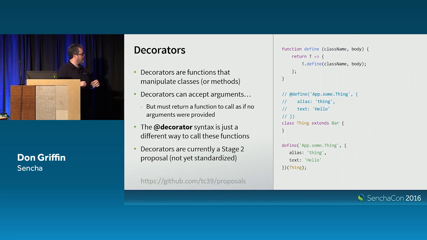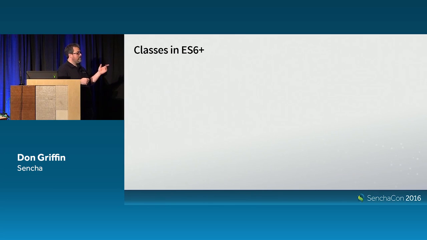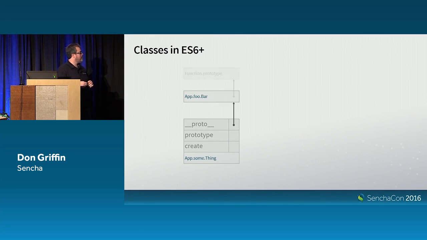As mentioned, it's currently a stage 2 proposal, but there's a ton of interest and energy behind getting it standardized. You can go look at the TC39 proposals if you want to track this and other future standards coming to the language.